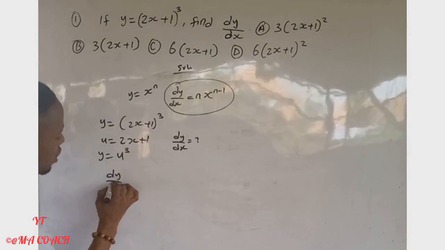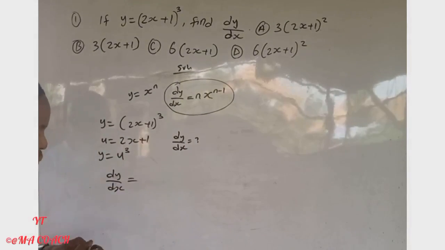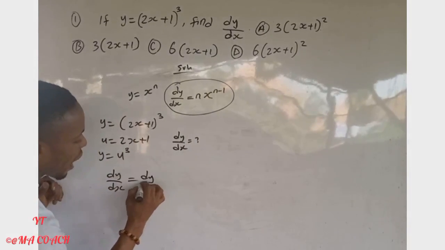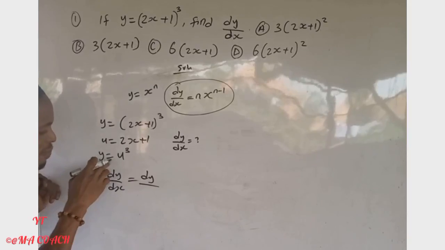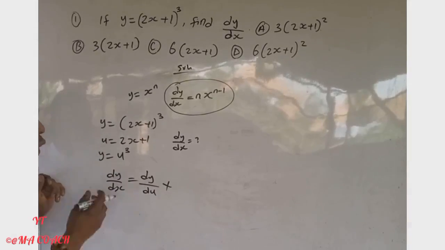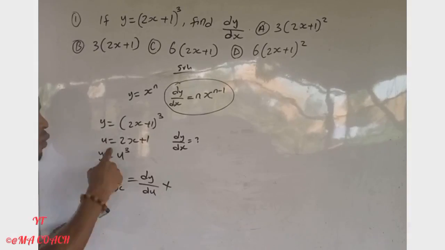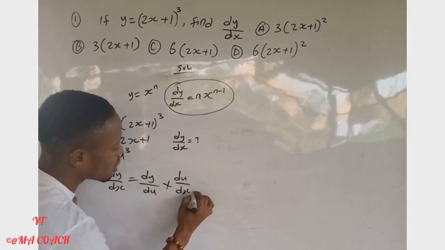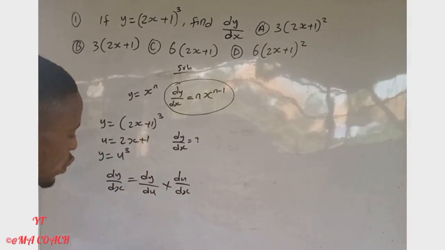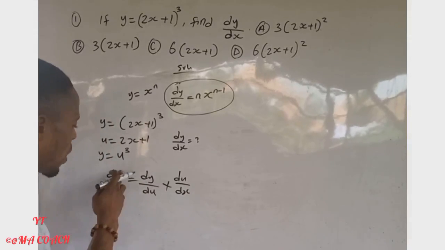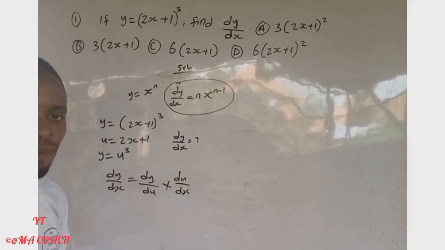Since we have u here, dy/ds equals dy/du multiplied by du/ds. Then du cancels, and we get dy/ds back.